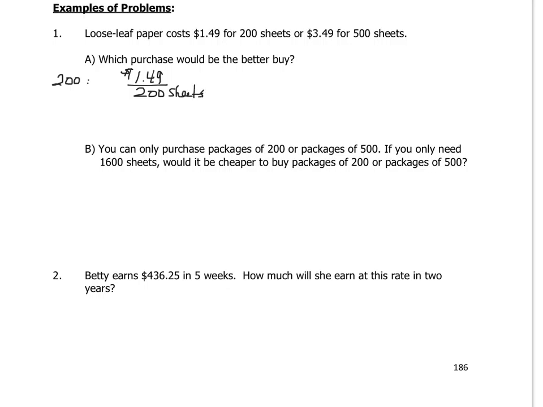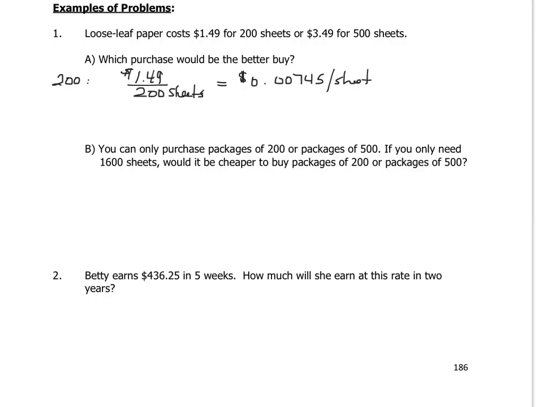So that would give you $1.49 divided by 200, which gives you $0.00745 per sheet. So basically, a very small amount, because if you rounded that off to 2 decimal places, it would be about 1 cent per sheet.